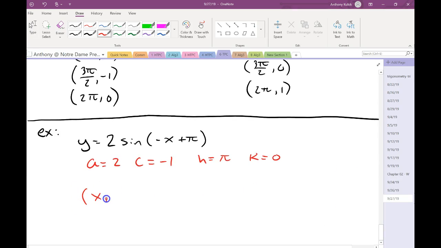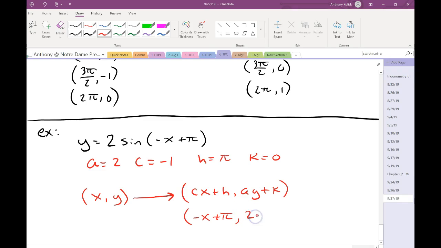So what I'm going to do is take those and use them to create my transformation map. The transformation map I always use is Cx plus H, Ay plus K. So in our case, C is negative 1, so I'd have negative x, and H is pi.